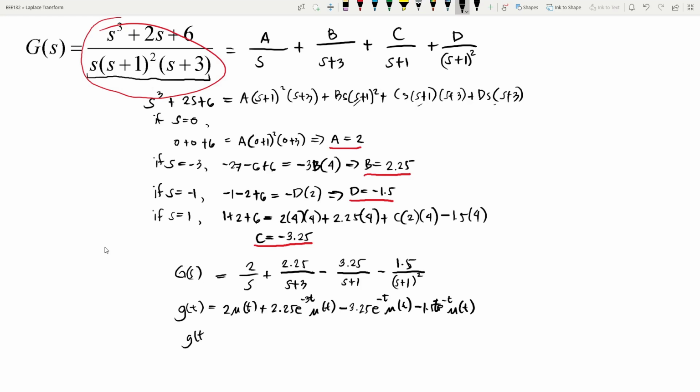Or we write this as 2 plus 2.25 e to the negative 3t minus 3.25 e to the negative t minus 1.5 t e to the negative t, times u of t.